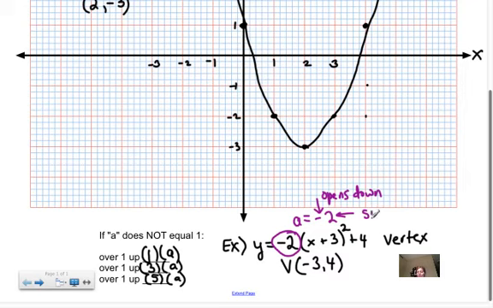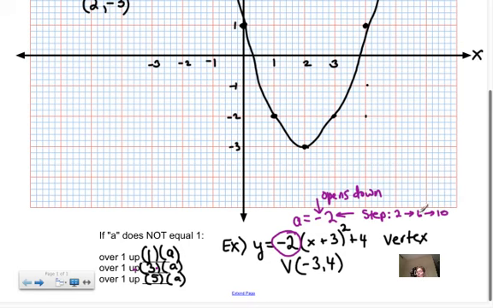So my step pattern is going to look like this. Instead of over 1 up 1, it's going to be over 1 up 1 times 2, which is 2. And then instead of over 1 up 3, it's going to be up 3 times 2, which is 6. And then over 1 up 5 times 2, which is 10.